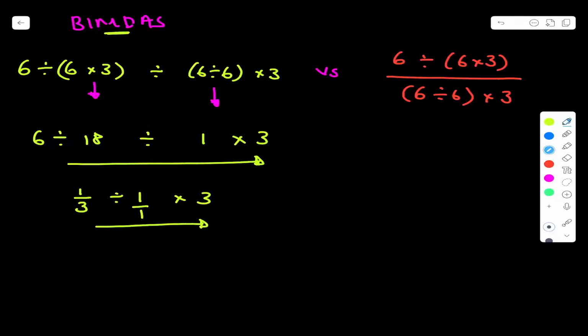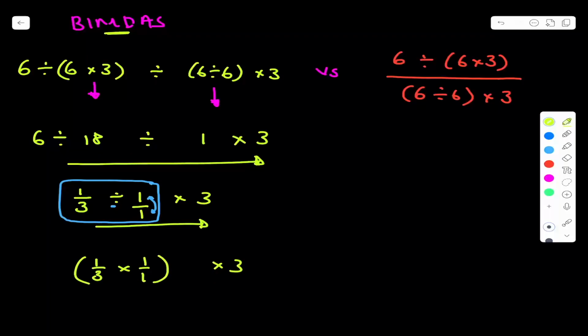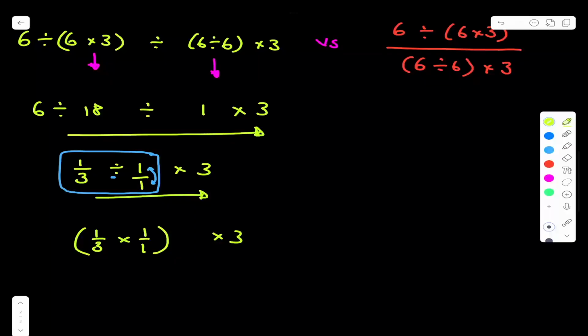Whenever we're dividing fractions, even though this is super simple, I just want to show you what you do. You flip the second fraction, which means you change that sign. So this would be 1 on 3 times 1 on 1. Remember, we still have this times 3 outside. Then you just do numerator times numerator, so top times top, over bottom times bottom.